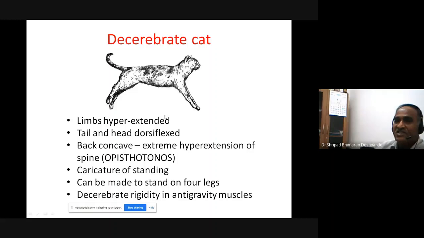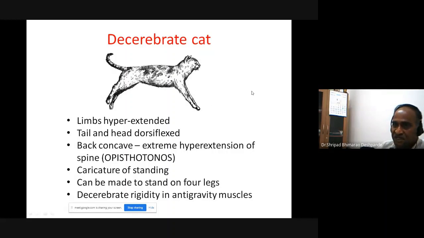Then the caricature of standing. That means you can make him stand on four legs, because these act like pillars. Decerebrate rigidity is mostly in the anti-gravity muscles. Anti-gravity muscles are the extensor group of muscles.